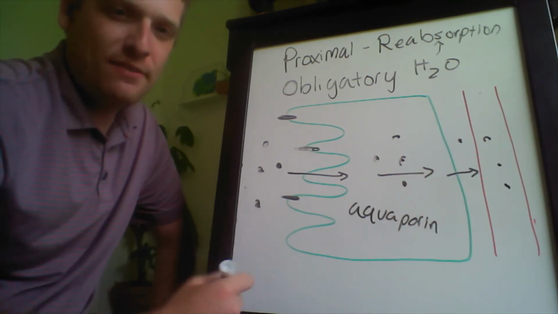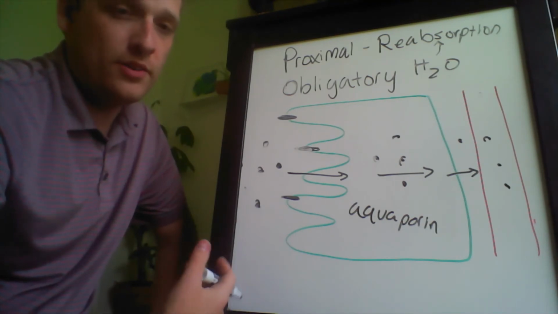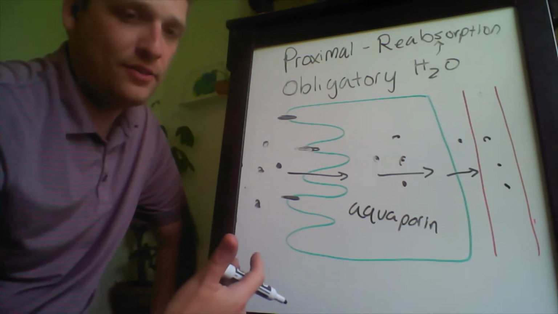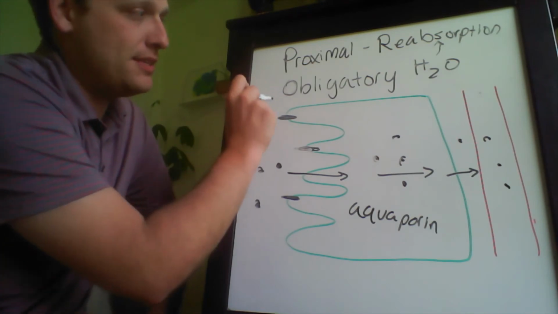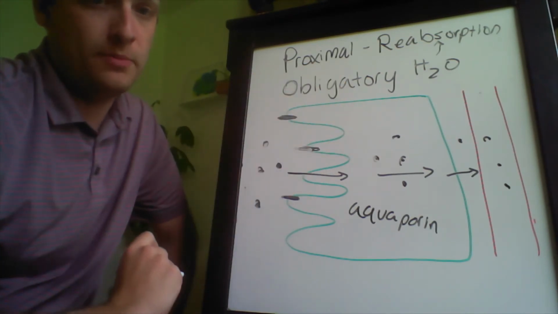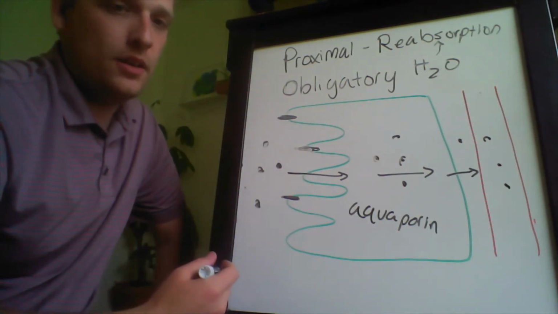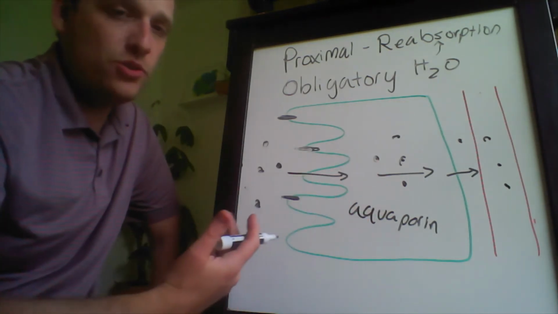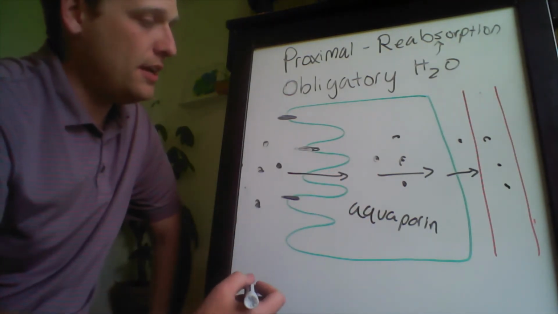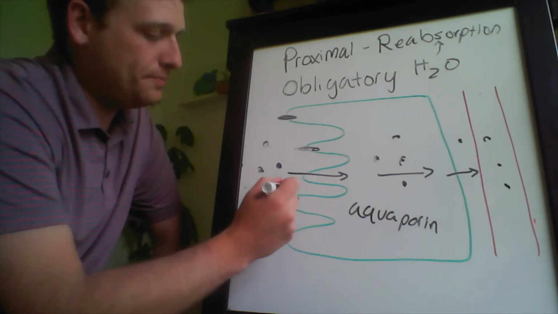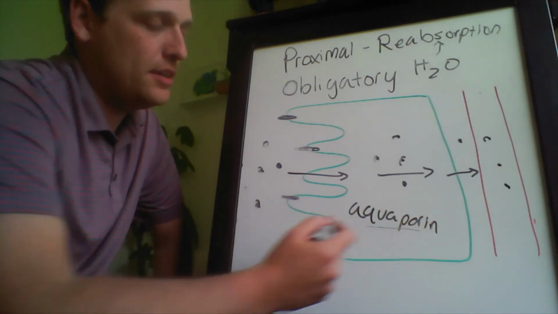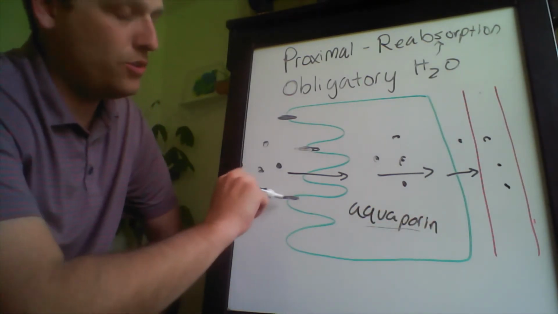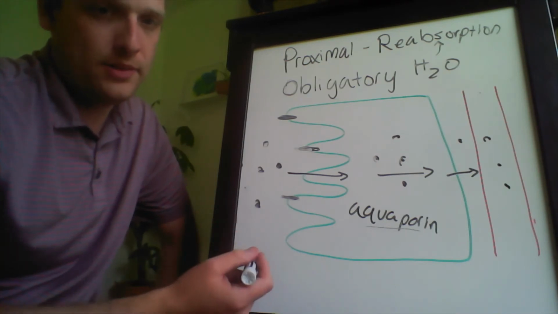So about 65% of the water that's reabsorbed in the entire nephron is going to happen through this obligatory water reabsorption. And there is some diffusion that occurs, and it's going to happen primarily, diffusion of water happens through channels called aquaporins.